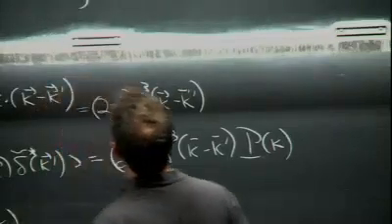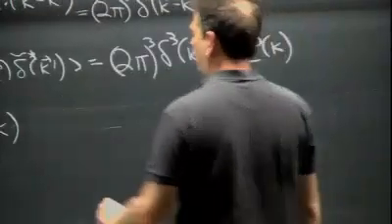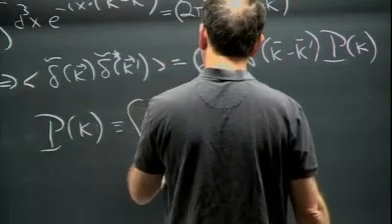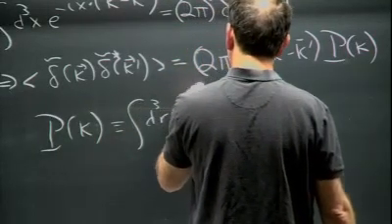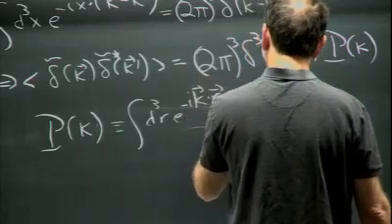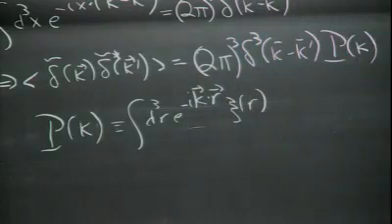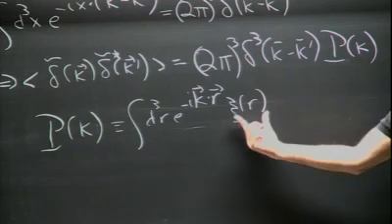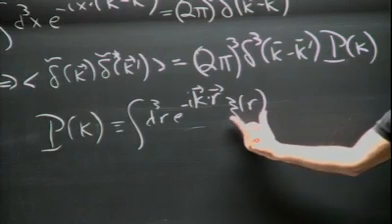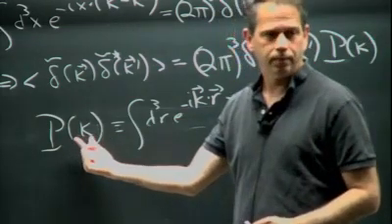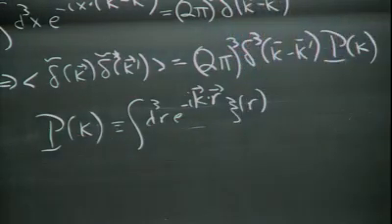It's this R integral. So it's the integral d3r e to the minus I k dot r times c of r. And because the correlation function depends only on the magnitude of r, the amplitude of r, similarly, the power spectrum depends only on the amplitude of k. Right? That will turn out to be very important.